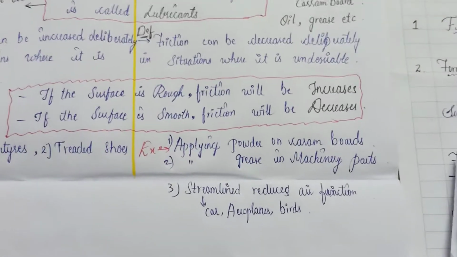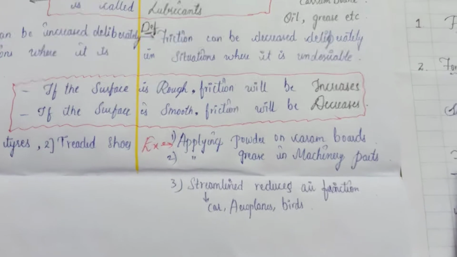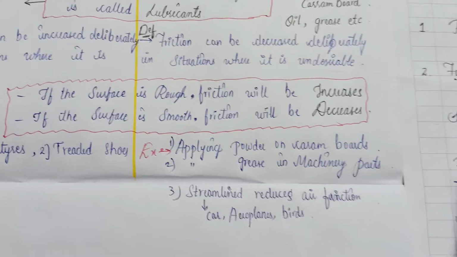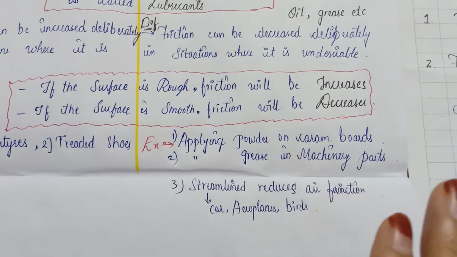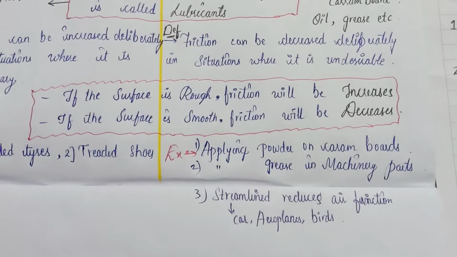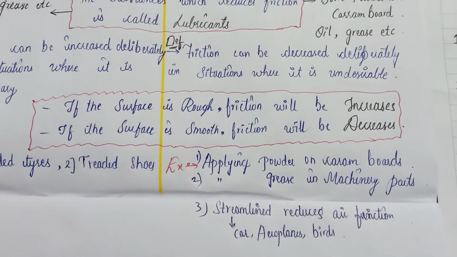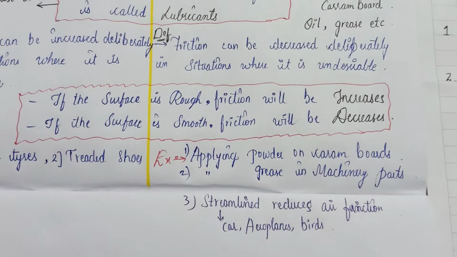If you apply some oily substance like grease or oil, you will observe that the noise disappears, which means friction has been reduced by the application of oil or grease.